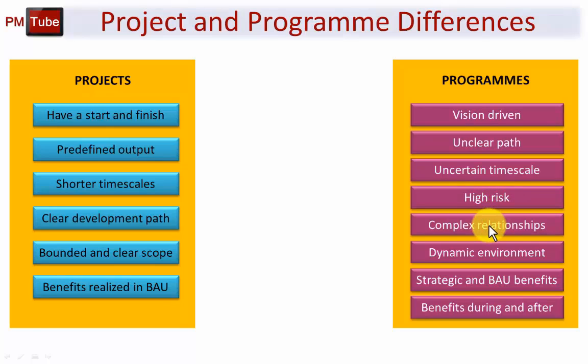You have complex relationships or interrelationships, if you will, between the projects, the activities, the staff, and so on and so forth. Programs will occur in a dynamic environment simply because we don't know what the path is. Therefore, projects will be added or modified or even taken away throughout the life of the program. As more is known about what the program must deliver, then that will automatically cause projects and directions to modify and to change.